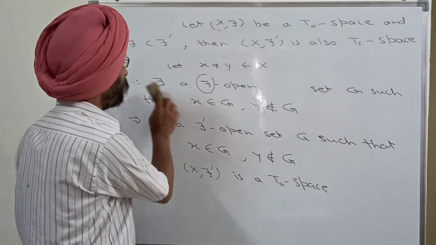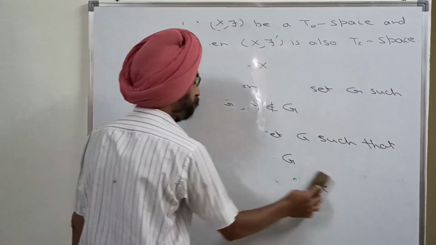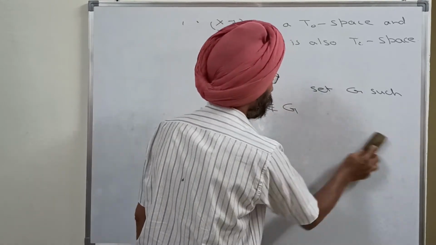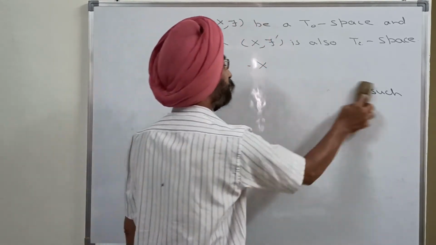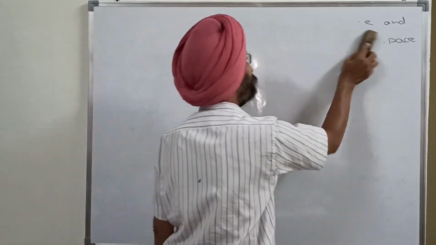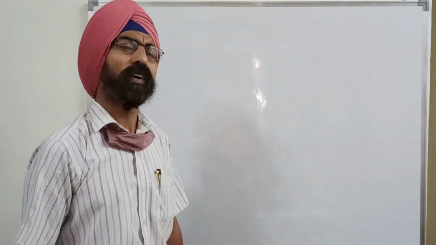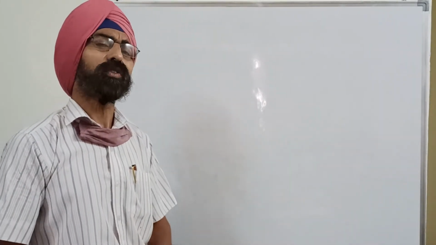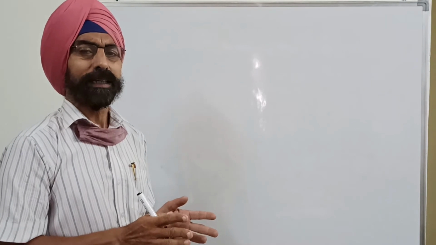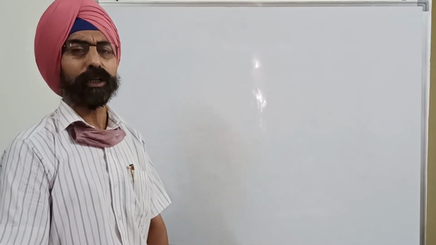Now we will move on to the next property, or you can say next example. We have seen discrete topology, we have seen indiscrete topology, we have seen Sierpinski space, we have seen cofinite topology. The case of co-countable topology is very much similar to that particular case of cofinite topology.